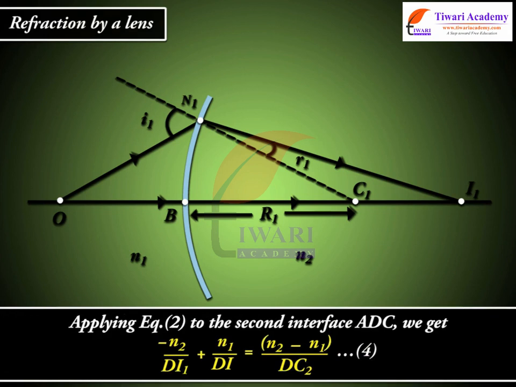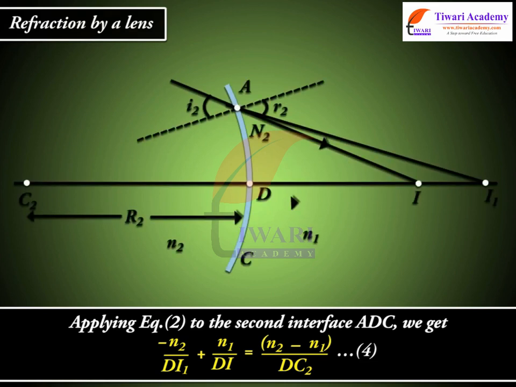Applying equation 2 to the second interface ADC, we get minus n2 by DI1 plus n1 by DI is equal to (n2 minus n1) by DC2. Equation 4.